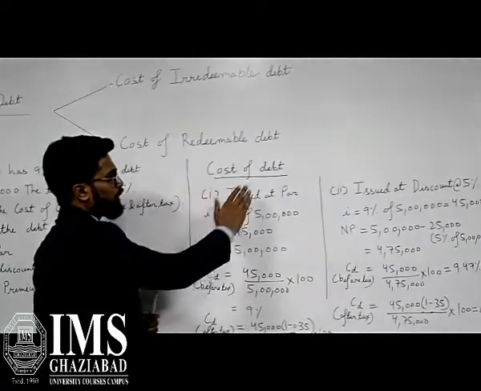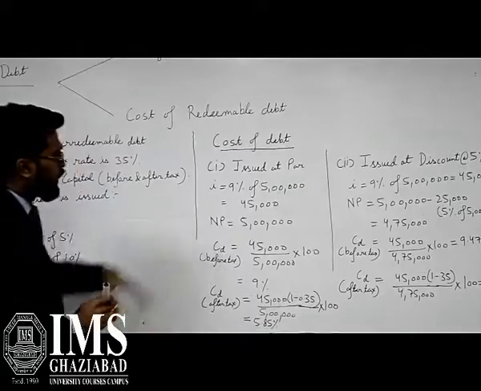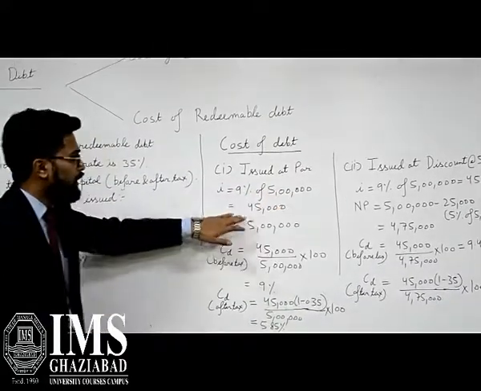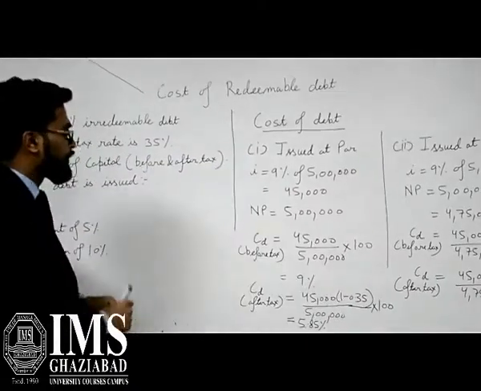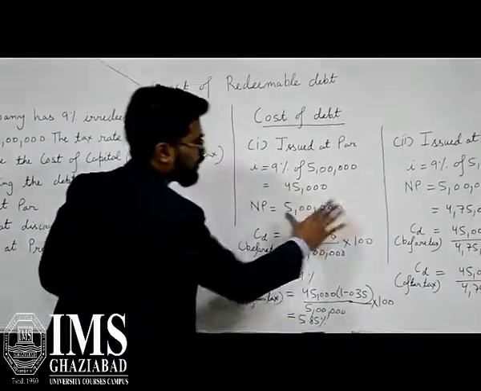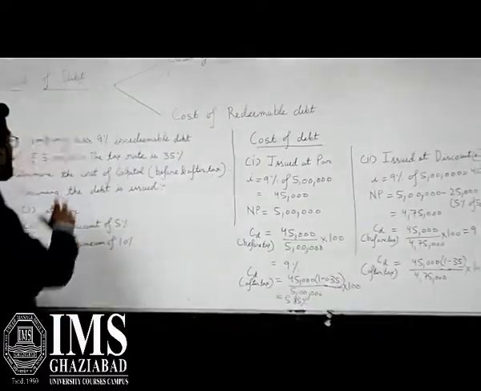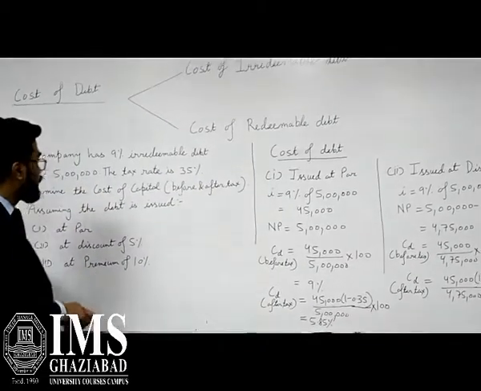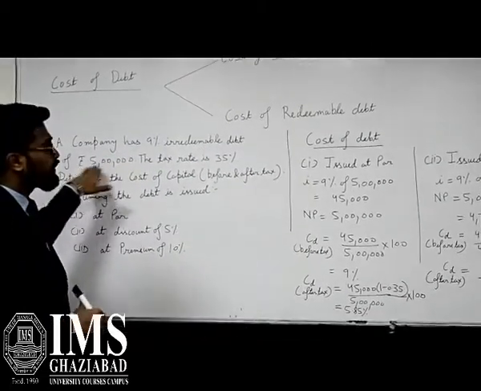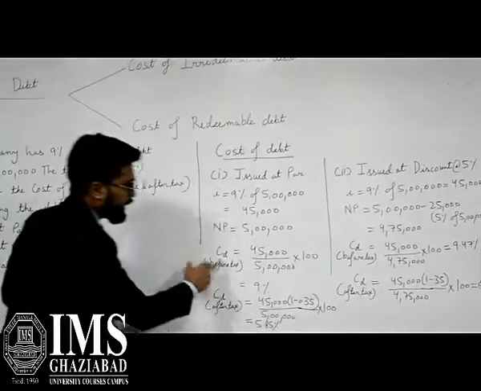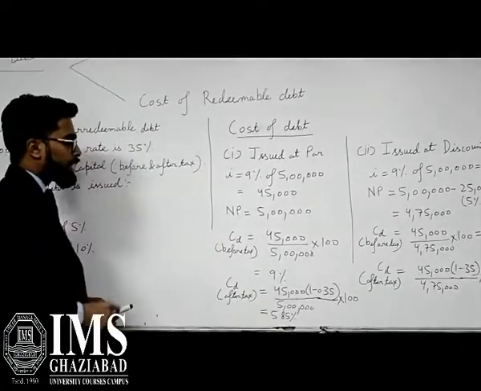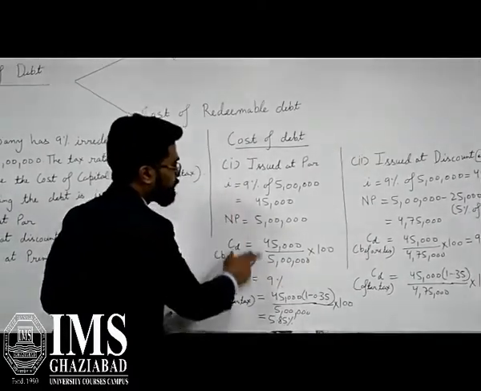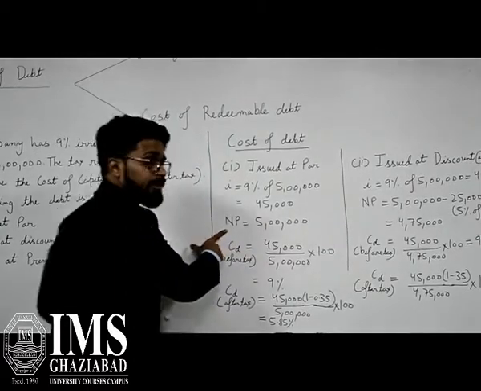Cost of debt, if we are issuing at par: here I, that is interest, is 9% of rupees 5 lakh, which is rupees 45,000. Here NP is rupees 5 lakh, the net proceeds. We receive the total amount of 5 lakh and there are no expenses for issuing it. So CD, the cost of debt before tax, is 45,000, the interest, divided by 5 lakh, the net proceeds.